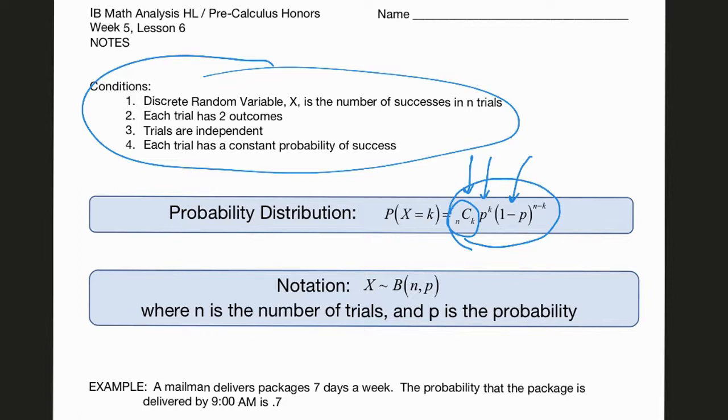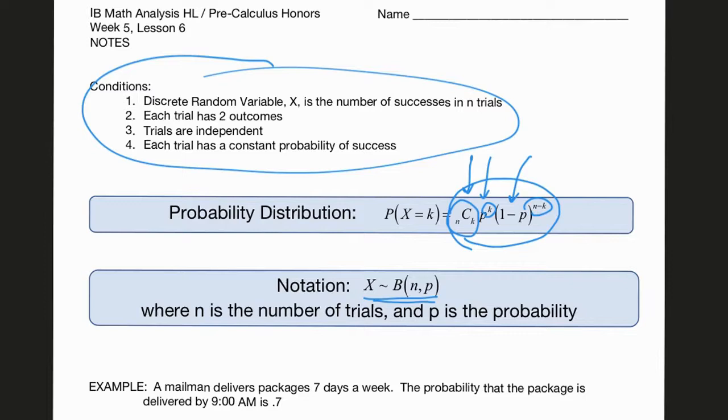And that's going to happen here as well, because the k and the n minus k are also going to add up to be n. You're going to see some new notation here. You'll see me use this in just a little bit, and it's also what you're going to need when you go to use your calculator.